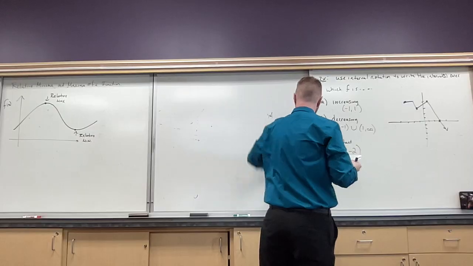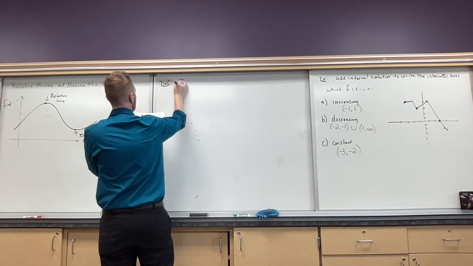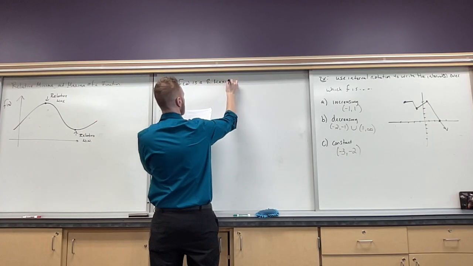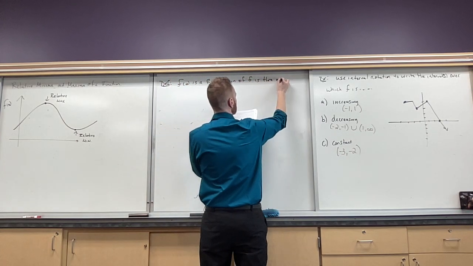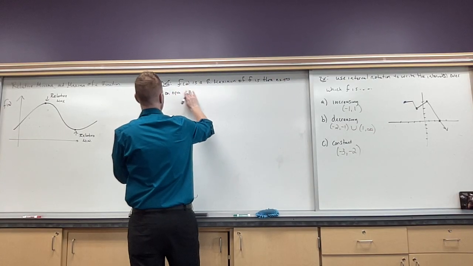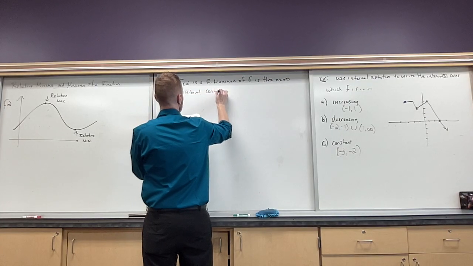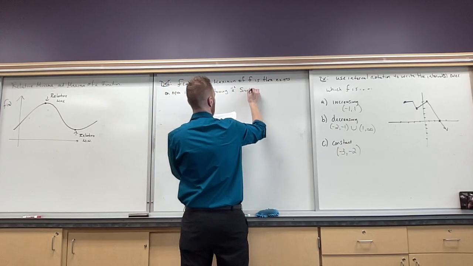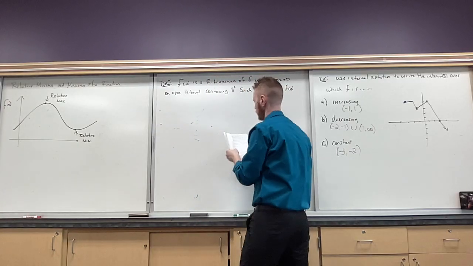So let's go ahead and just define it, and then we'll do the example. Definition. So f of a is a, I'll put R for relative, maximum of f if there exists an open interval containing a such that f of a is greater than or equal to f of x for all x in the interval.